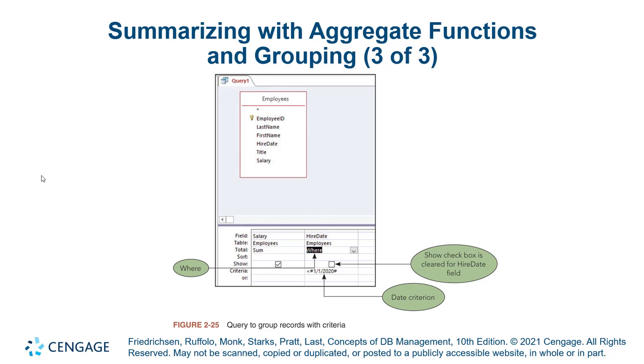So that's why I like to show you going through Access, because hopefully it makes a little more sense. But that's aggregate functions, grouping our records together, grouping the results of the records that are returned, and then even fine-tuning the results even more by setting specific criteria for the records to return.